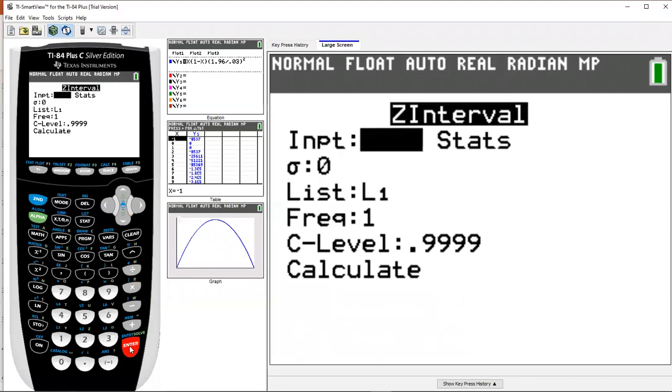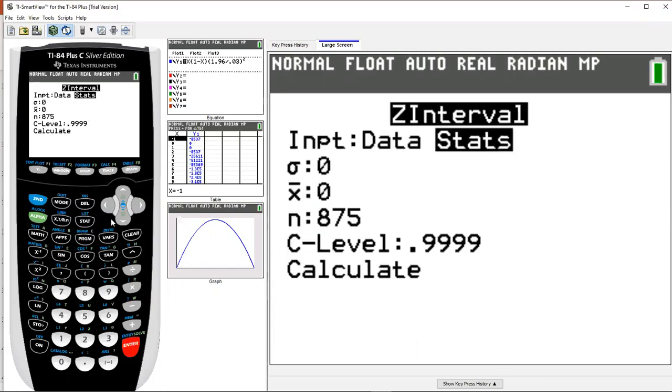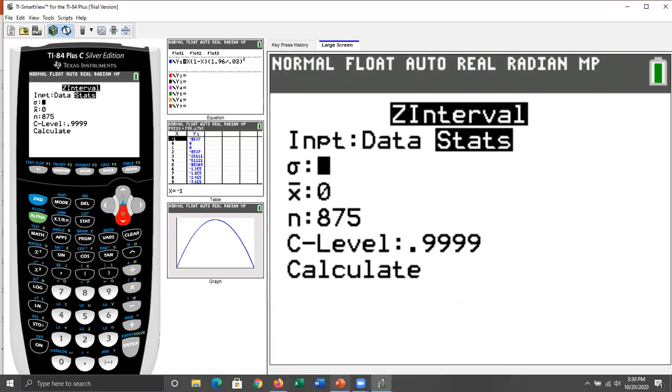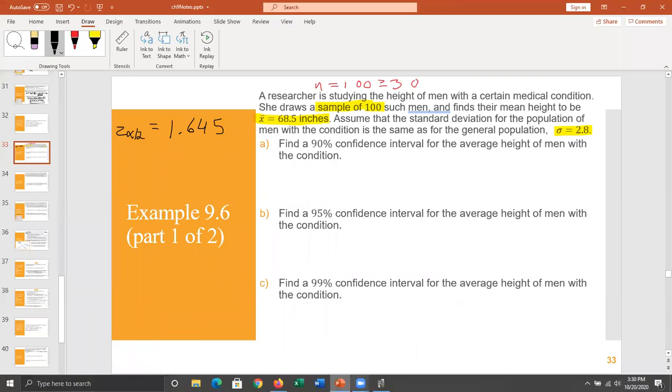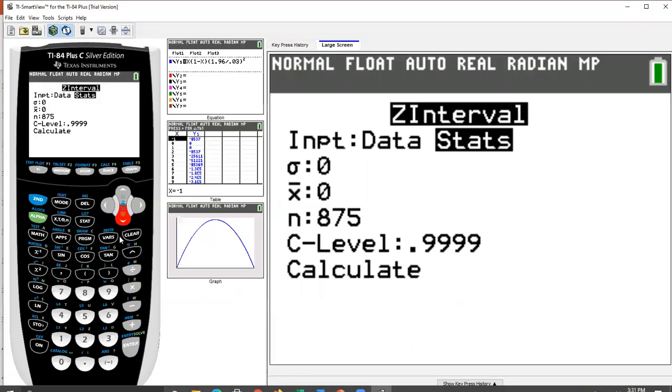Choose that option. We're going to choose our input from Stats. So arrow over to Stats and press Enter. We're just going to give them the statistics directly. We're not going to tell them to look at a list of data. We'll do that eventually.